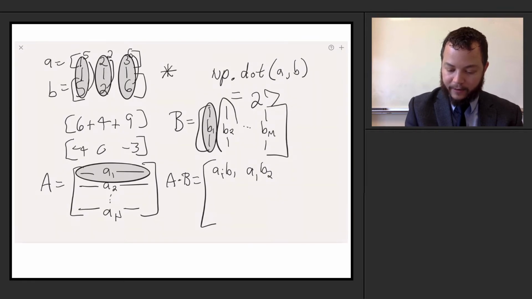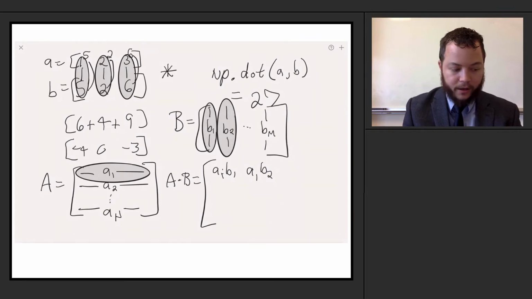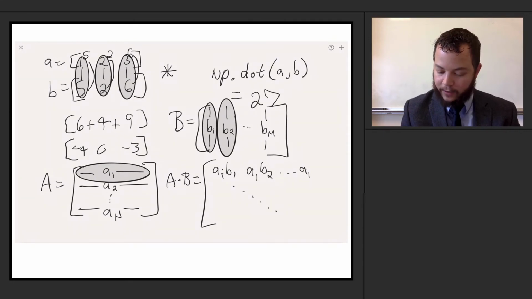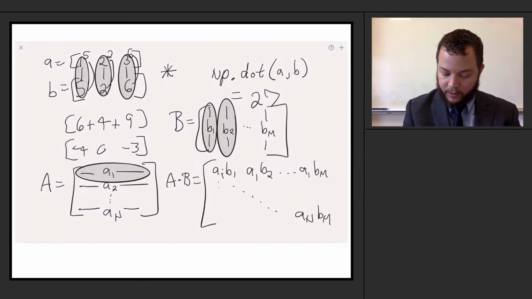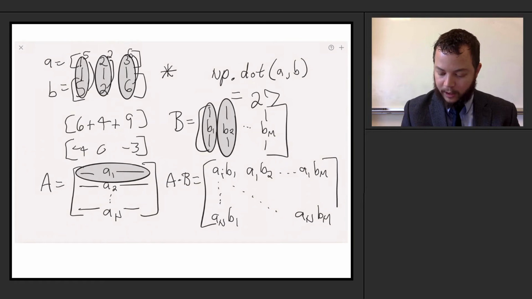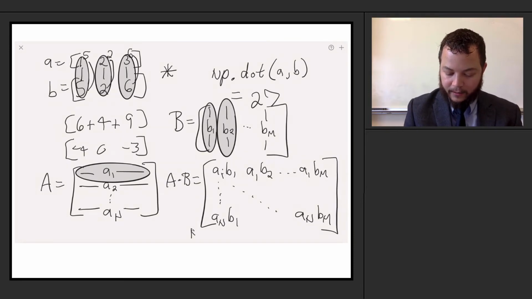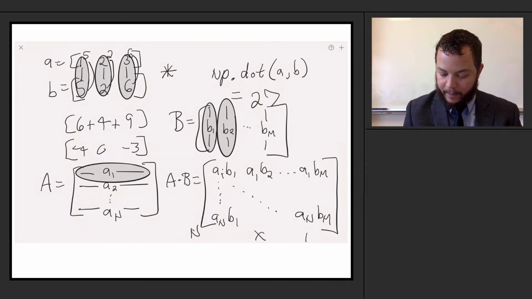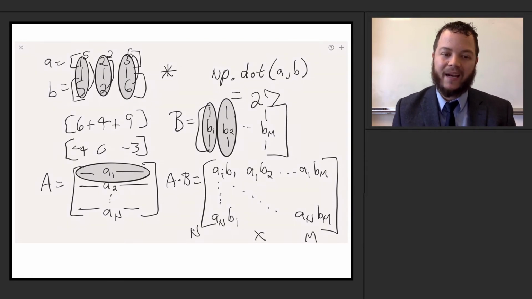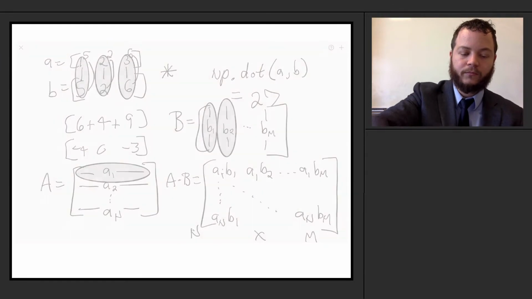And then I add everything up, and so on and so forth until I get all the way over to here where I have A1 times B sub m. This one I have An times B sub m. This one going all the way down this way, I would have A sub n times B1, adding them all up. And so what I get on the output is something with n number of rows by m number of columns. So I get an n by m matrix.